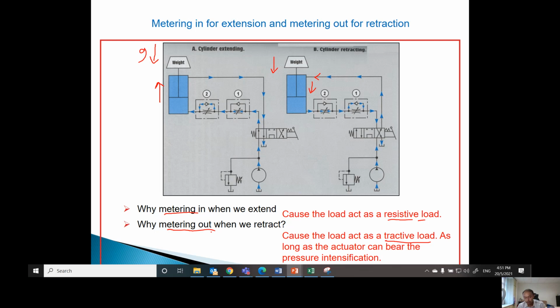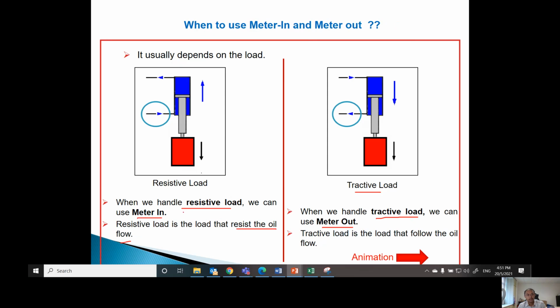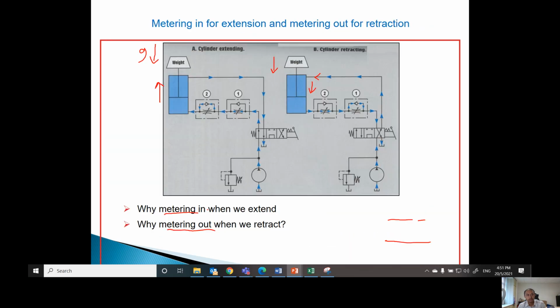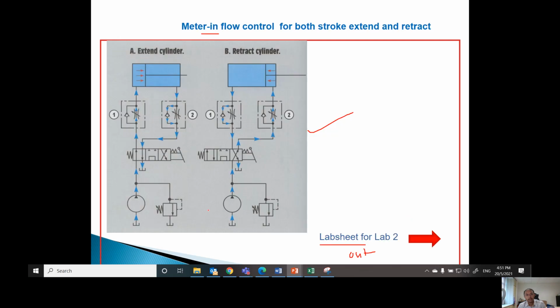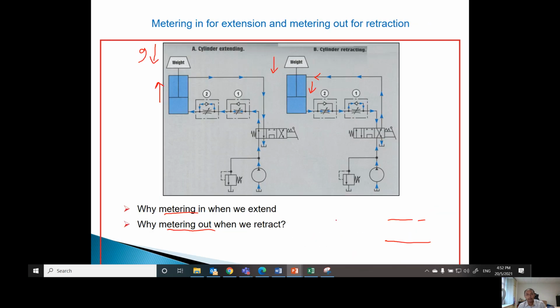So this is a good example to show why this application uses meter in for resistive load during extension, and meter out during retraction. It's all because of the type of the load, whether it's resistive or tractive. Meter in for resistive and meter out for tractive.